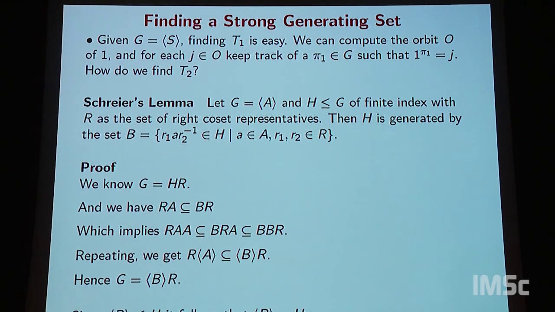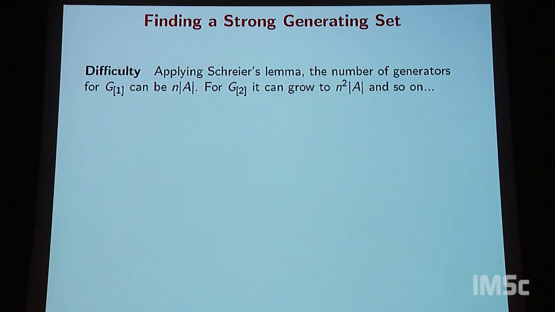Okay, so we are going to apply Schreier's lemma. But now there is a difficulty. As I just told you, my generating set is going to grow in cardinality. I apply Schreier's lemma to find generating set for G1, its cardinality becomes n times cardinality A. The next time it's going to become n square times cardinality A. By the time I come halfway down my tower of pointwise stabilizers, it becomes n to the power n by 2.